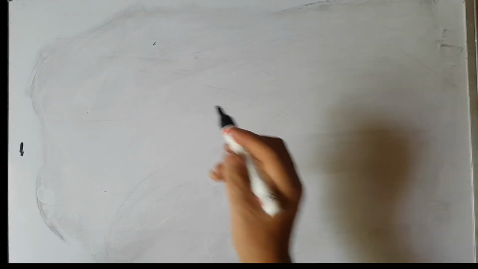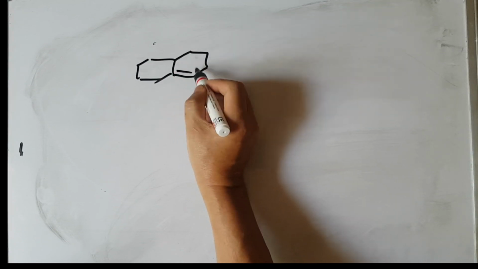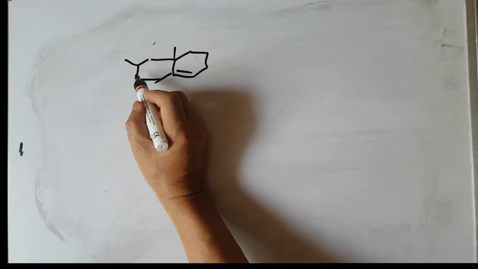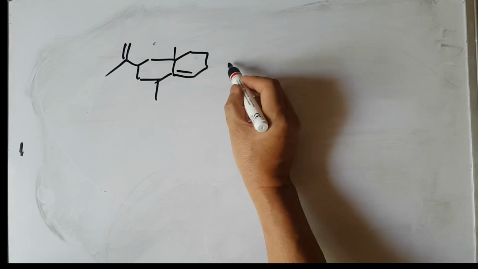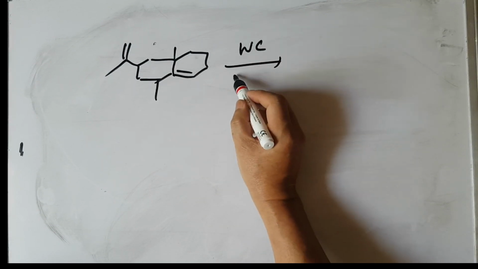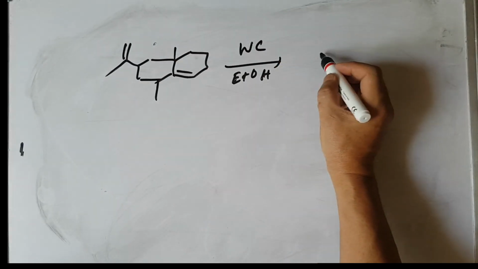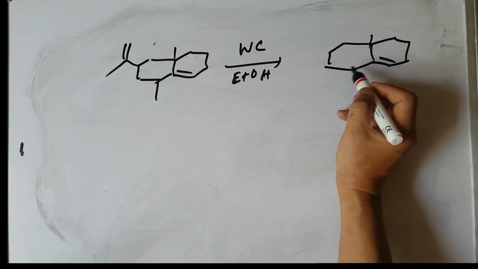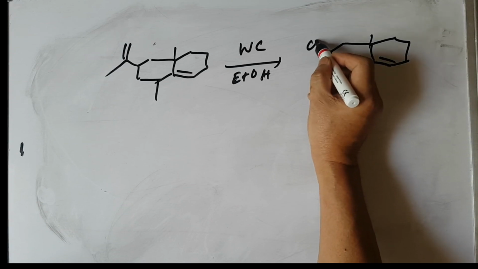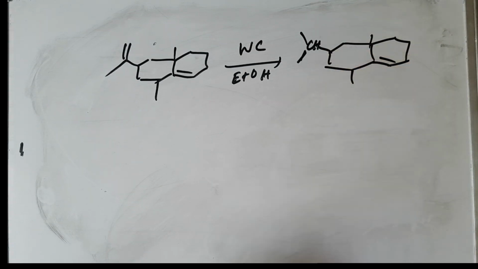For example, for the reduction of this compound, we use the catalyst in the presence of ethanol or some other solvent, xylene can also be used. Now this can be reduced. Only the external one is reduced.